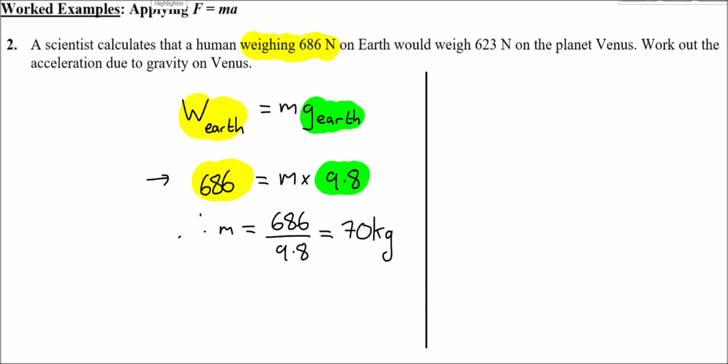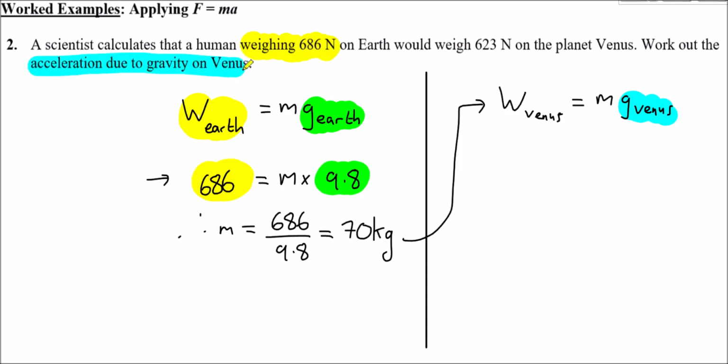We can then use this and apply F equals ma to the situation on Venus. So the weight on Venus will be the mass on Venus, which is just m, because m is invariant depending on which planet you're on, multiplied by the gravitational field strength on Venus. So g subscript Venus, that's just my shorthand for the acceleration due to gravity on Venus.